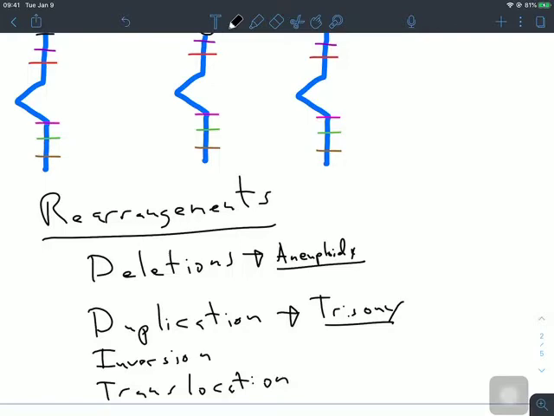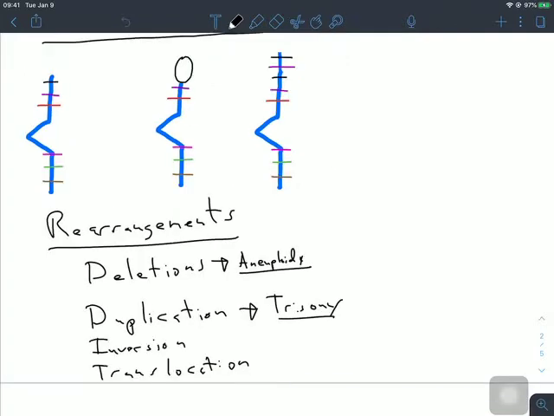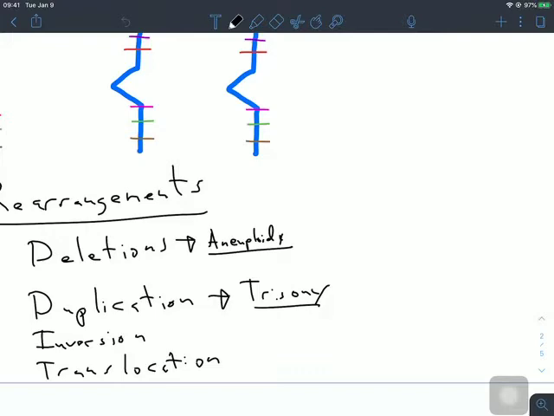Chromosomal inversions act a little bit differently. Actually, I need to correct myself real quick before we go on to chromosomal inversions. Aneuploidy is our term used for either one too many or too few chromosomes. Trisomy refers to when we have 3 chromosomes rather than a regular 2.